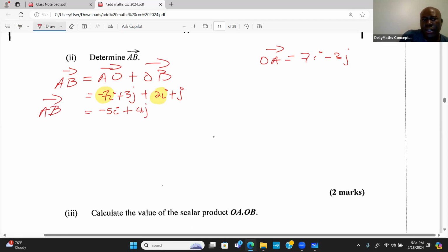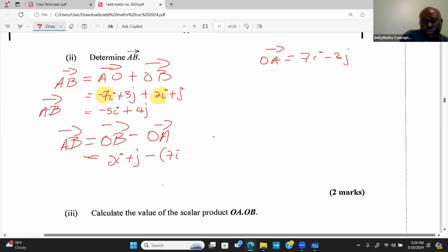And I'm not saying this is the only way. You could have done this too. Remember that AB can be found by the position vector B minus the position vector A. So that means you would have put 2I plus J minus, and I'm going to put my parentheses here, 7I plus 3J.